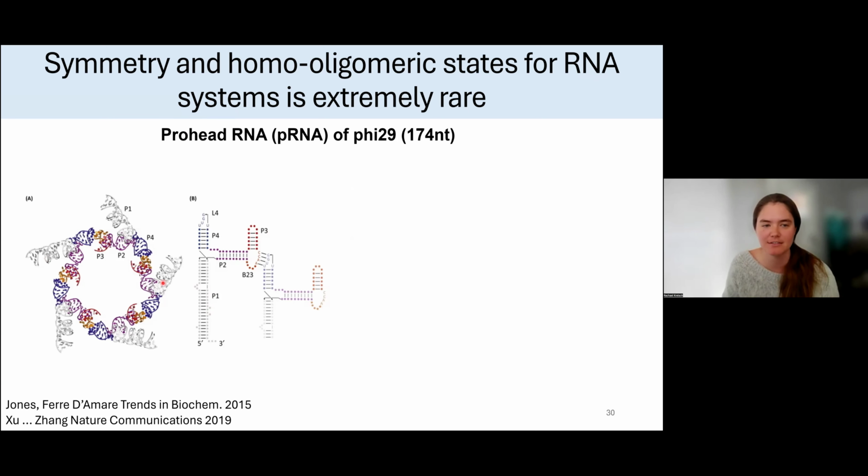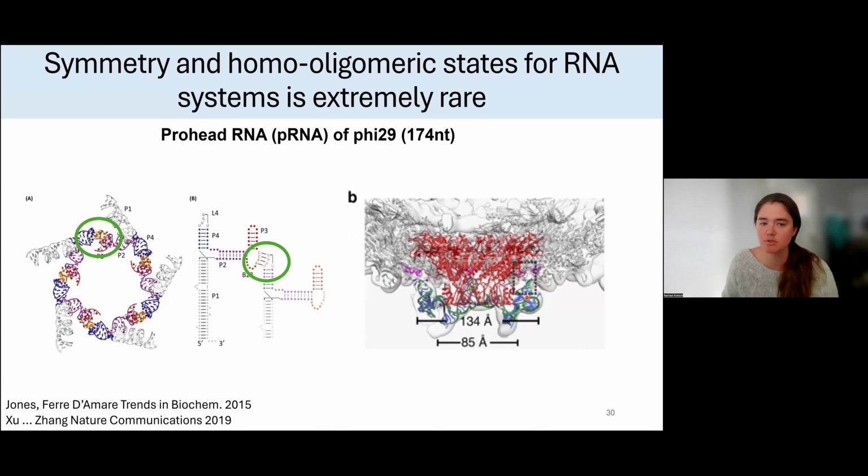It forms a nice 5-mer circle. It has just one interaction point between different chains, a nice base pairing pattern between 2 chains, and it seems quite flexible in the cryo-EM data that has previously been deposited.